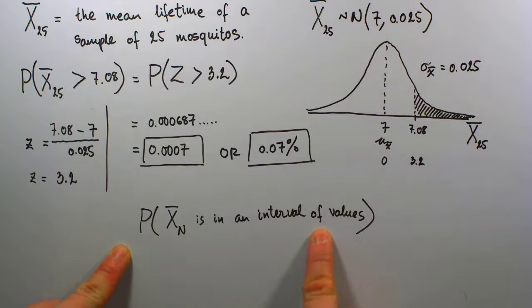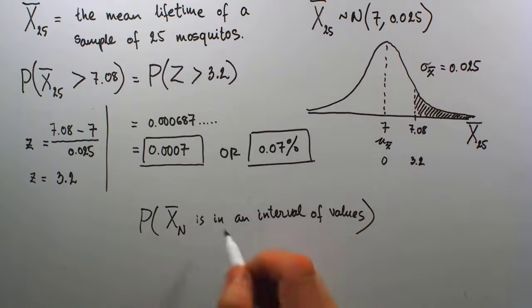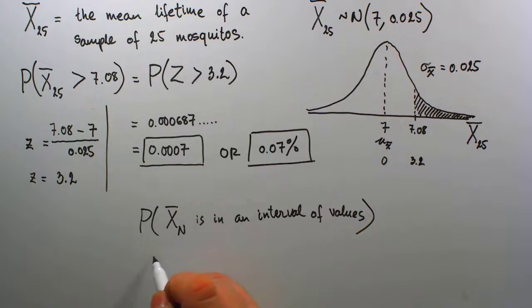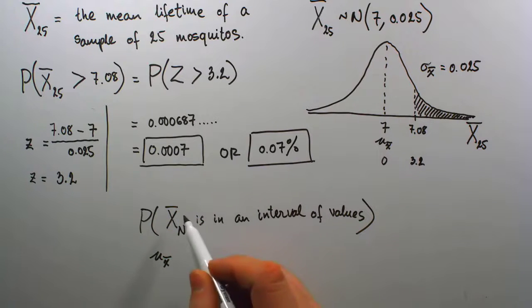Then what we need to know before we can solve the problem is mu x bar. Once we understand that what we have here is a sampling distribution of the sample means, then this is a population, so mu x bar is the center for that population.